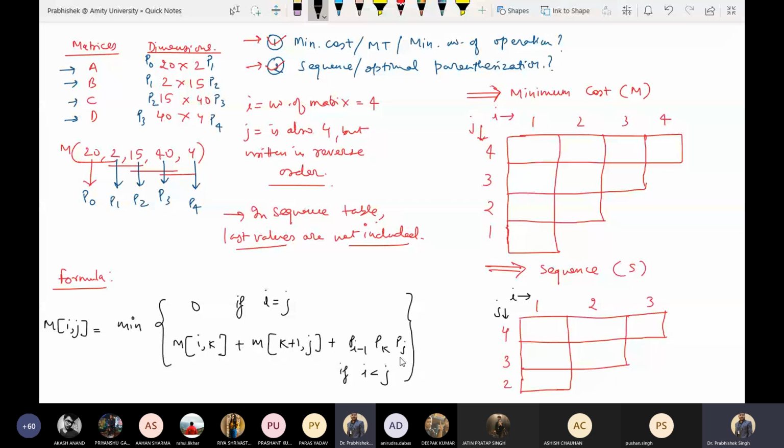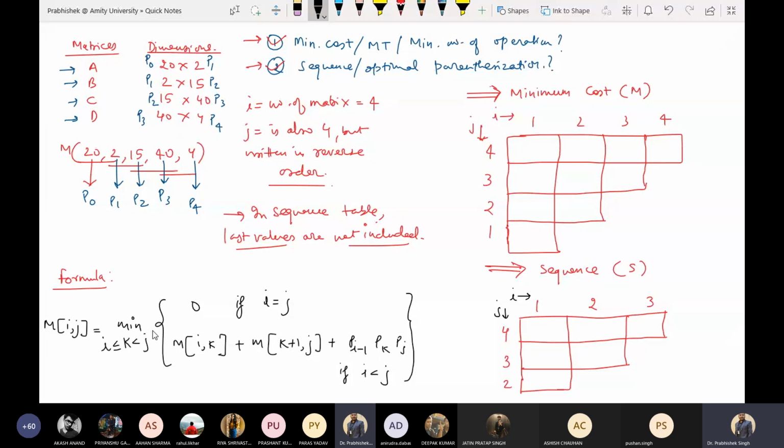You have to learn this formula. This formula is still not complete. It is valid when i is less than or equal to k, less than j. Now it is the complete formula. Understand this formula and write it down.